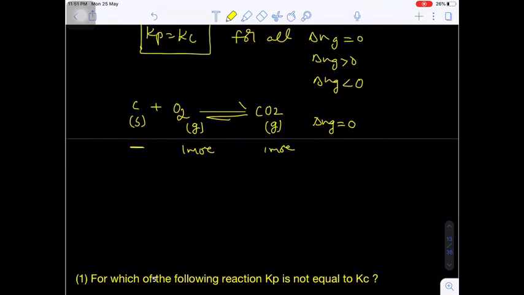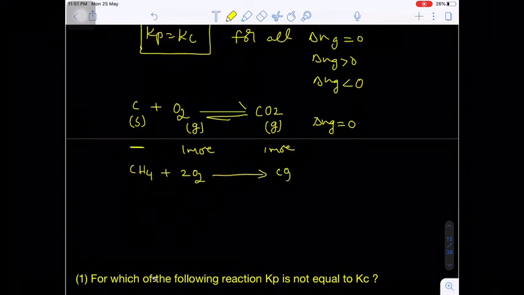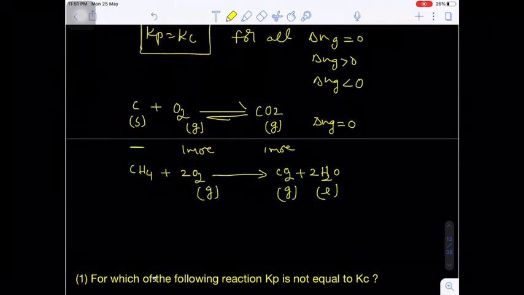Okay. Let's suppose we have methane, combustion of methane to give CO2 and H2O. H2O is a liquid; CO2, O2 and methane are gases. Remember, this is very important.